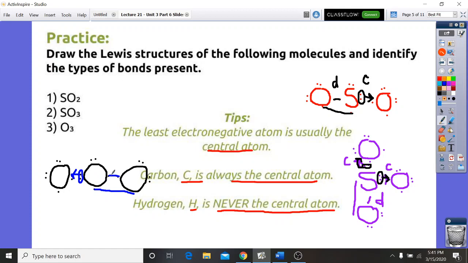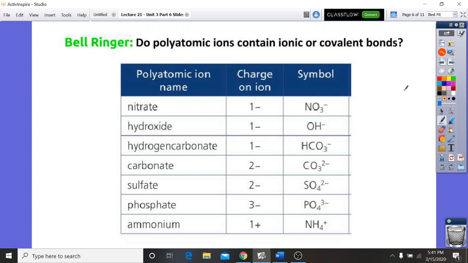This oxygen has 1, 2, 3, 4, 5, 6, 7, 8, because remember, these still belong to the one who is sharing them. This oxygen has 2, 4, 5, 6, and now 7, 8. So we have created a molecule with one coordinate bond and one double bond. Nice job. All right, moving on.